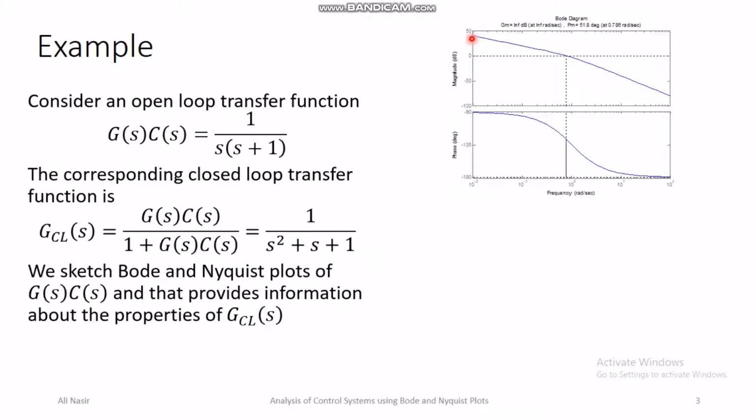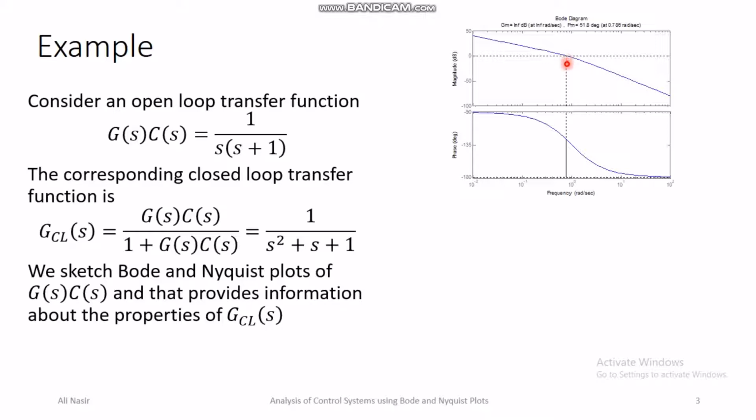You can see that the gain of the transfer function, or the magnitude of the transfer function, starts with the highest value, and as you increase the frequency, the gain starts to decrease, and at one frequency it crosses the 0 dB value, and then it keeps on decreasing further on. And this value is important, as we will see in the upcoming slides.